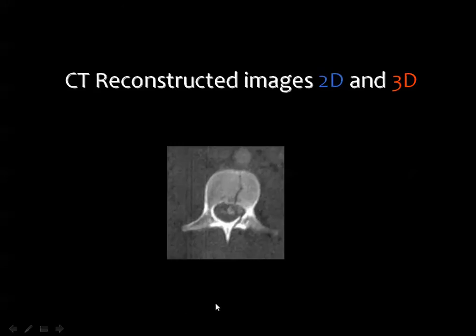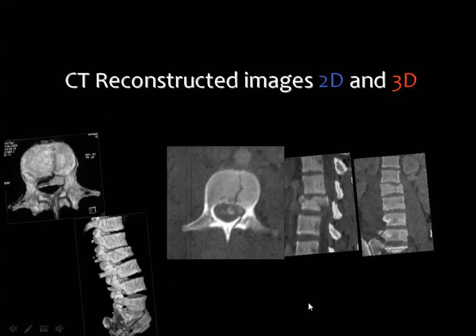This is the axial image of a patient with spinal fracture showing sagittally oriented fracture in the vertebral body, fracture of the left lamina, multiple comminuted bone fragments inside the spinal canal.